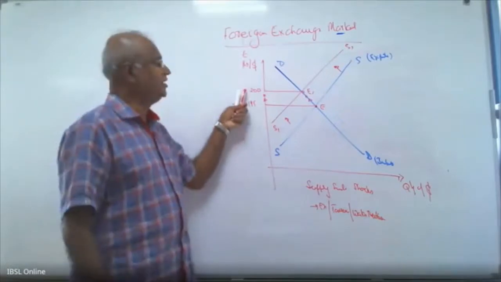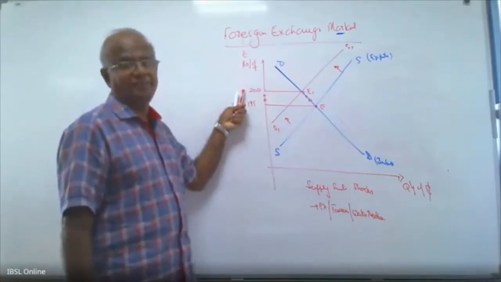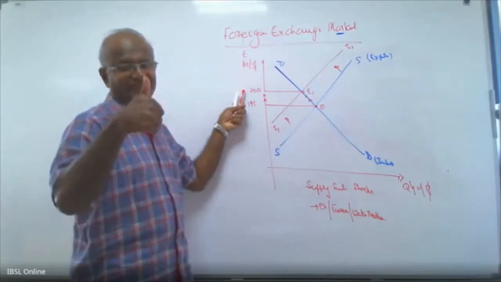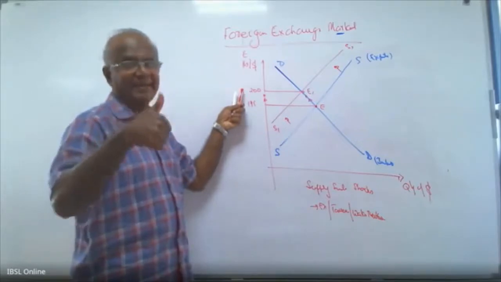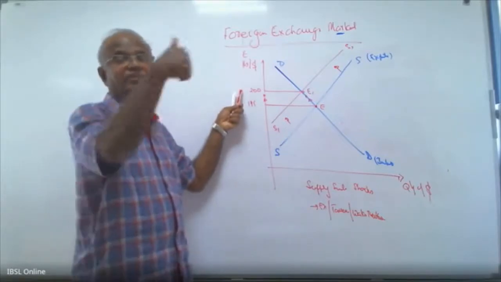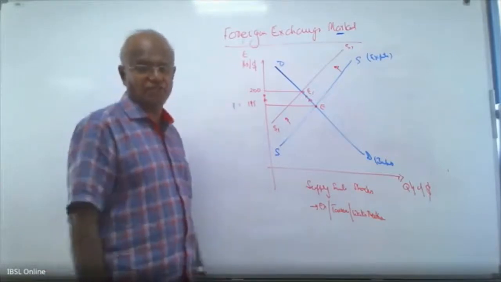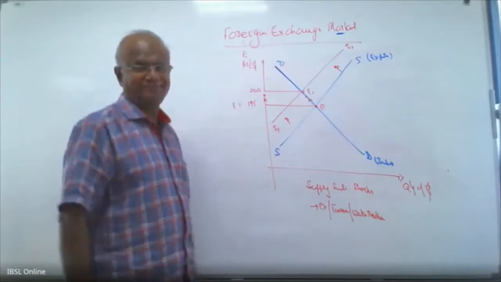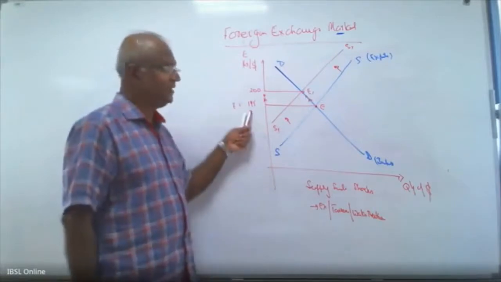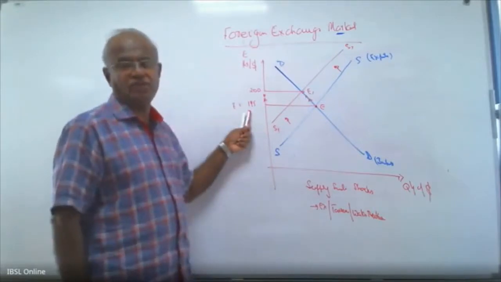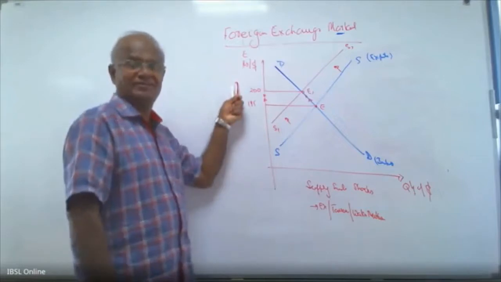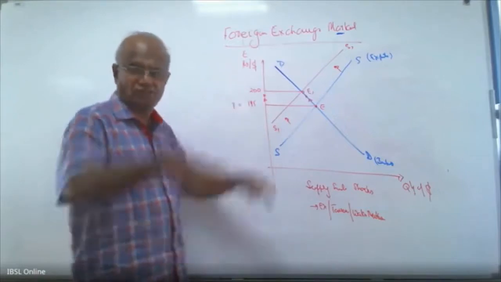Now you need 200 rupees to buy $1. An increase in the exchange rate is the depreciation of the rupee. Depreciation of currency, the value of a rupee going down. Earlier, 195 equals $1. Now 200 equals $1. The value of a rupee has gone down.